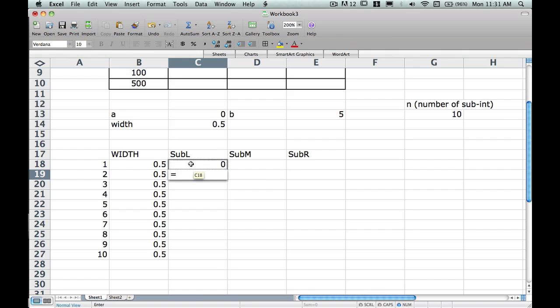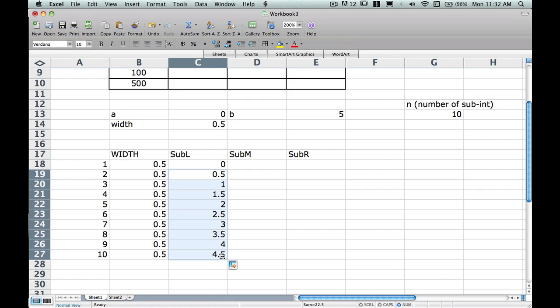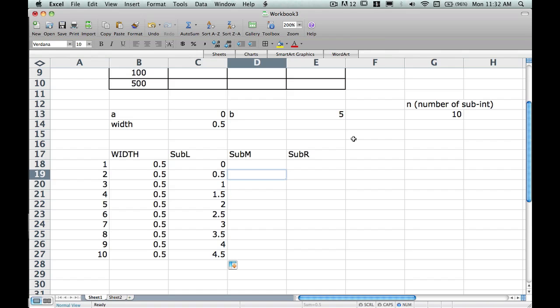That's A. And for the second one, and all the rest of them, I'll take the left side of the previous rectangle and I'll add the width. So here, these are the left sides of each subinterval: 0, 0.5, 1, 1.5.